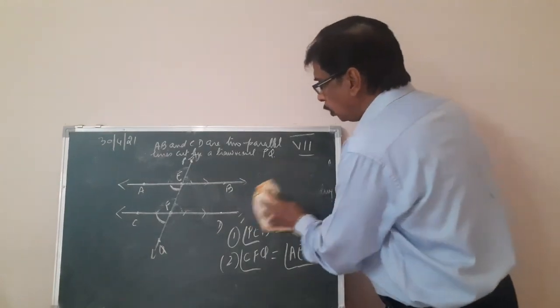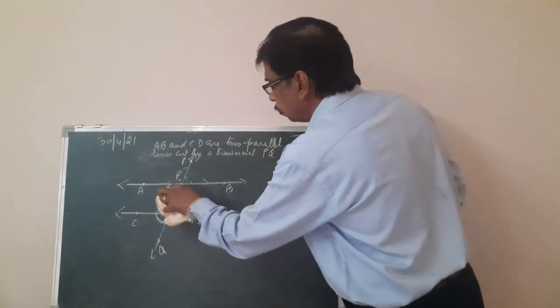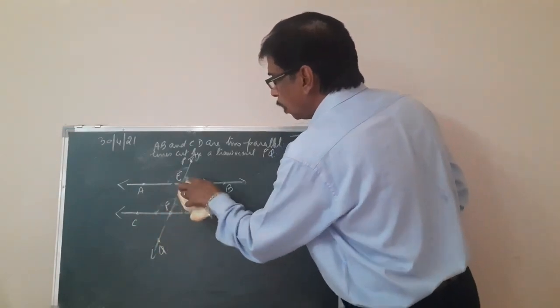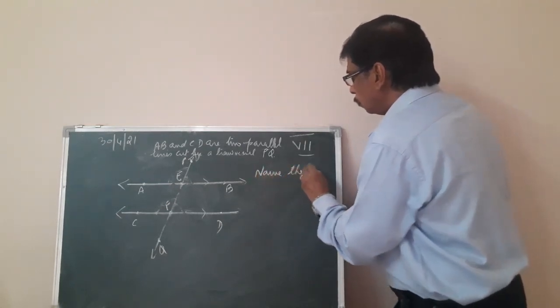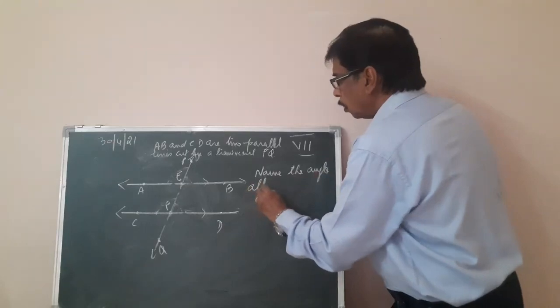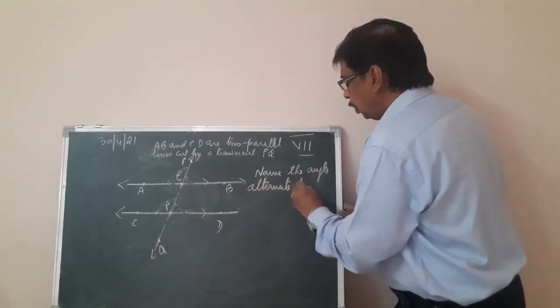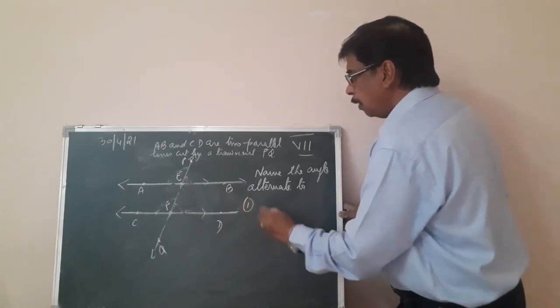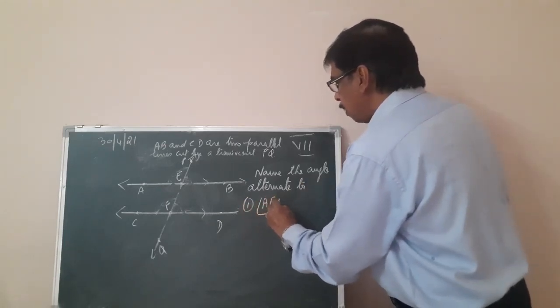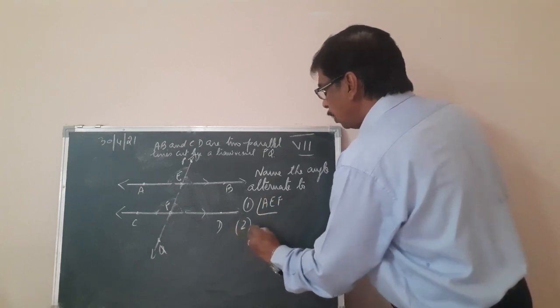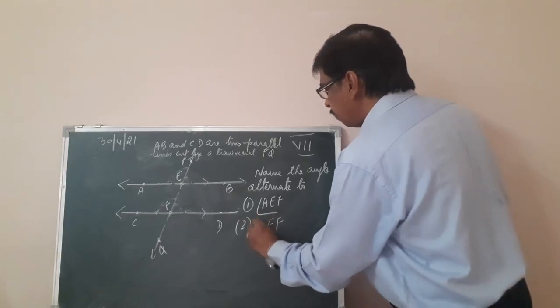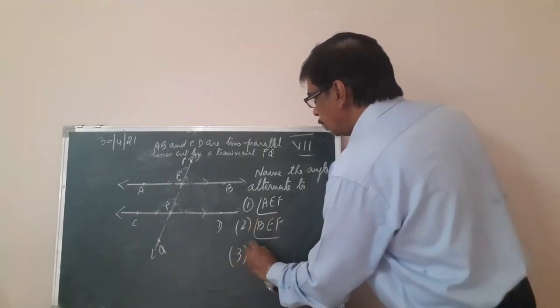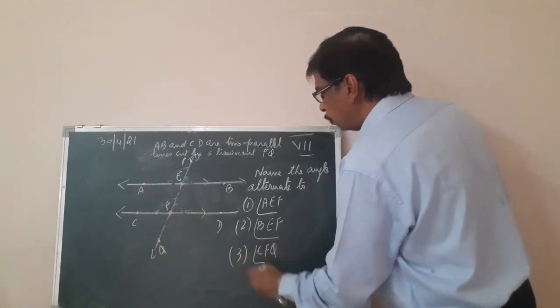Next part. Now we come to alternate angles. From the same figure, name the angle alternate to, first one is angle AEF, second one is angle BEF, third one is angle CFQ.